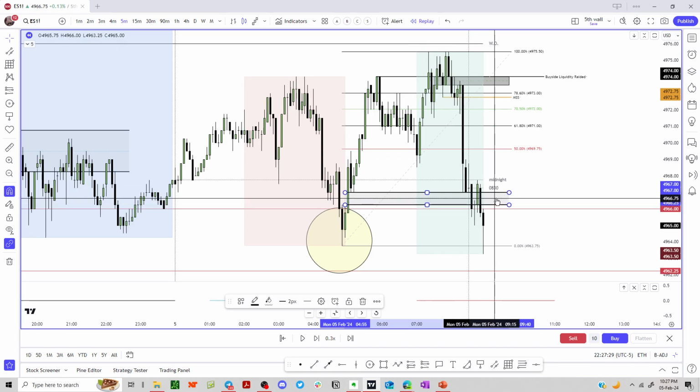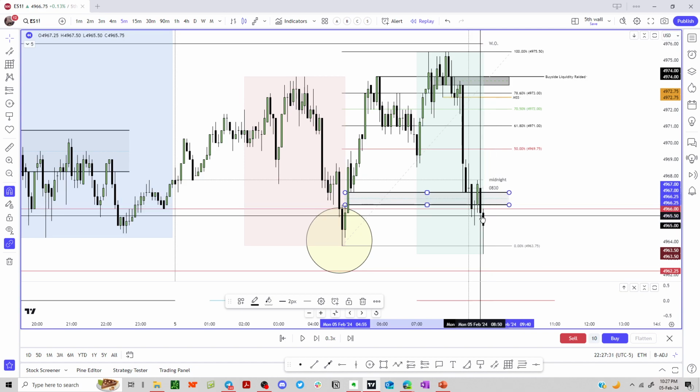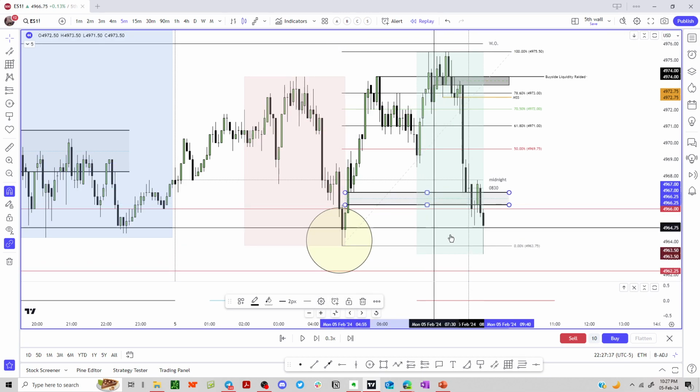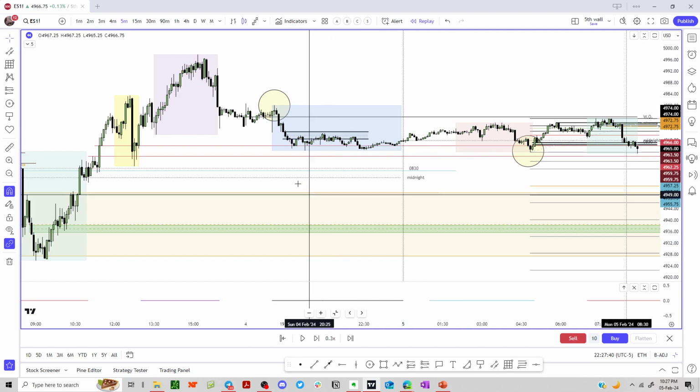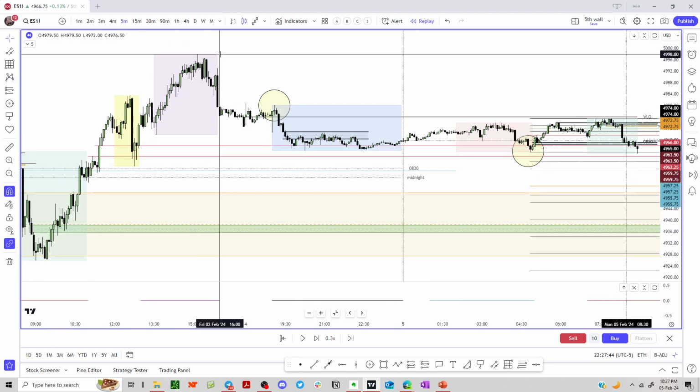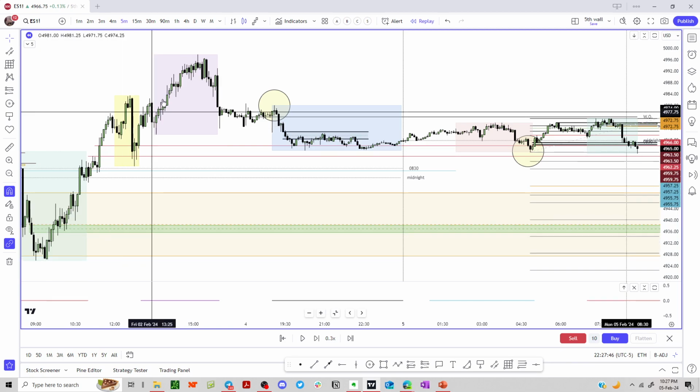Once it got below 50% and broke below, and again, then you would target this swing low, and if you had greater conviction, then you would aim for a PD array or a level below 50% of this range.